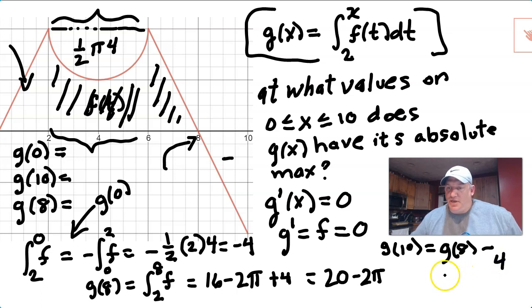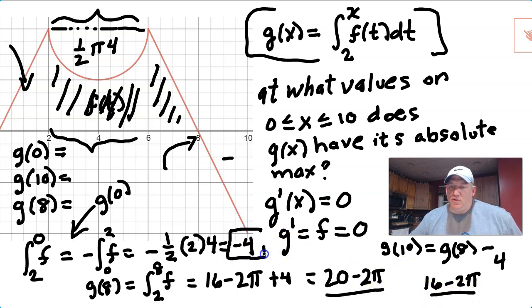So we end up with 16 minus 2 pi. So 20 minus 2 pi, 16 minus 2 pi, or we have a value of negative 4. Those are the only 3 numbers that we need to consider. And of course, 20 minus 2 pi is bigger than 16 minus 2 pi. So my absolute max occurs at the number 8.